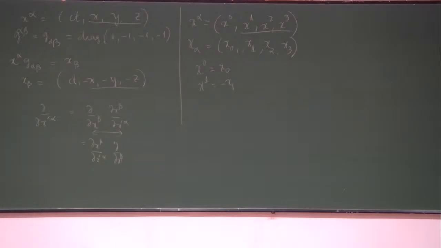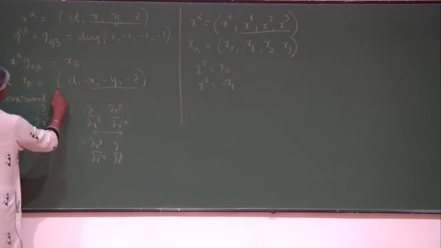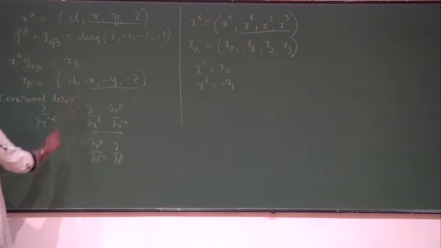Does it look like A or does it look like B? It looks like B, right? So that means naturally by construction, the derivative is a covariant object. Those of you who are in MSc may have heard of covariant derivatives, right? They are always covariant derivatives because they transform like a covariant vector, right?